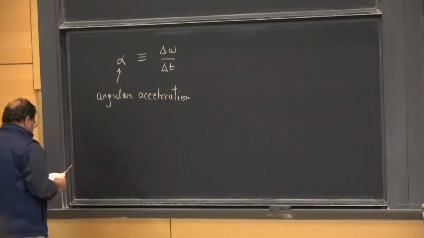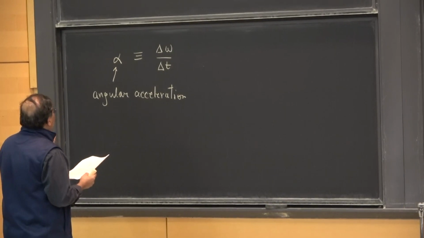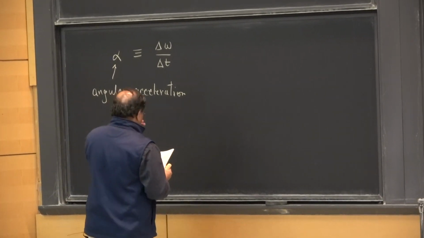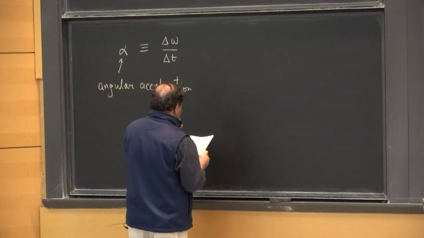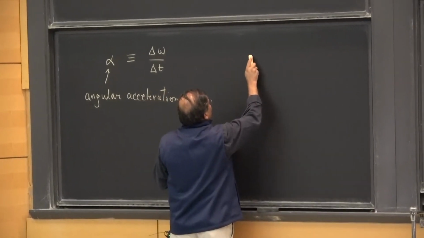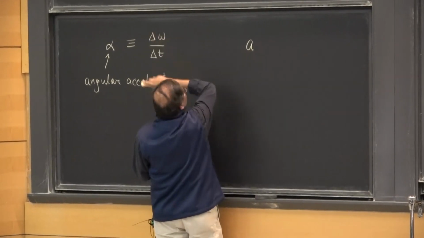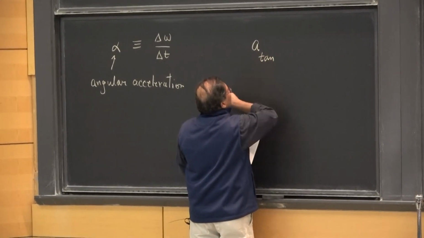Furthermore, we will try to make our life quite simple for now, but before we go there, let me just point out a few things. So one can now think about, just like we have a speed v, something called a tangential acceleration.